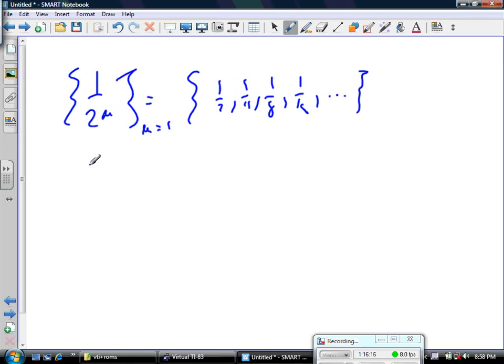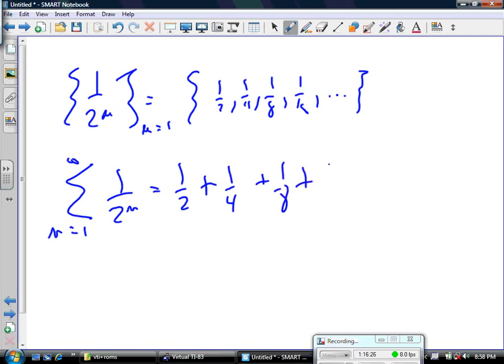Forever. The series is the sum of all those values from n equals 1 to infinity. That's going to be 1/2 plus 1/4 plus 1/8 plus 1/16 plus. What is that sum? Let's find out on the calculator.